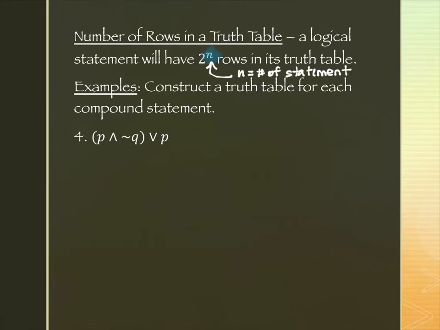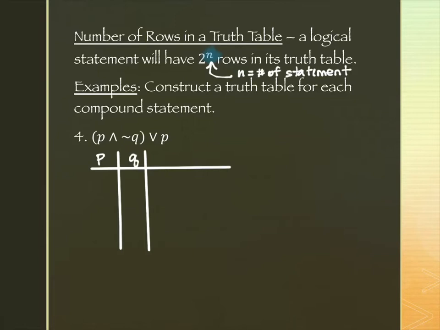So when I'm creating my truth table here, I need to make sure that I'm not creating column headers that don't really exist. I only want column headers for the individual statements, which would include P and Q. And I will always have column headers for each of the individual statements. So this is P and Q this time.